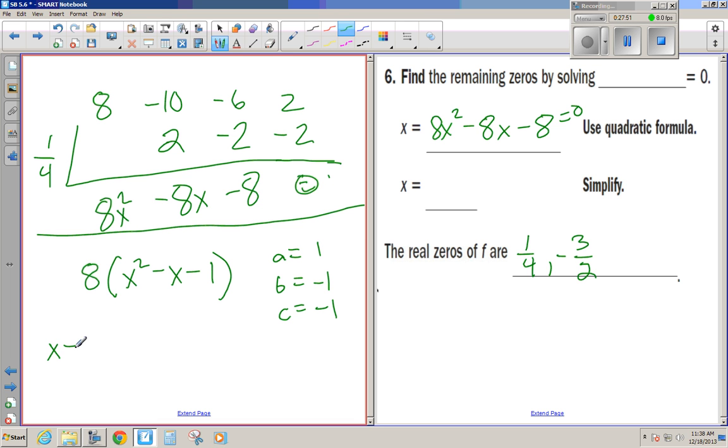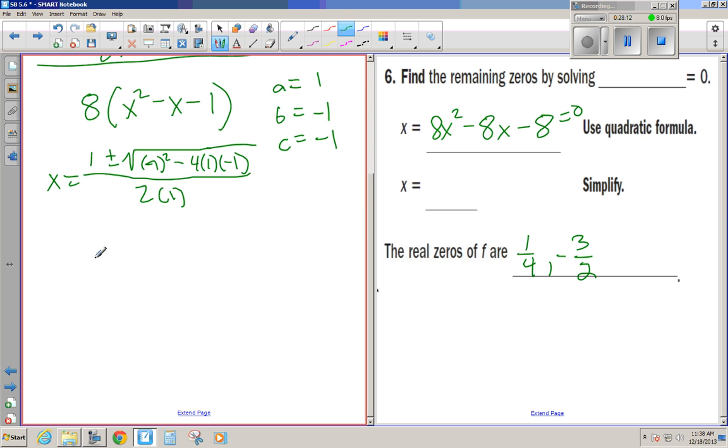So we have x equals opposite b plus or minus the square root of b squared minus 4ac, all over 2a. So I plugged in a, b, and c.